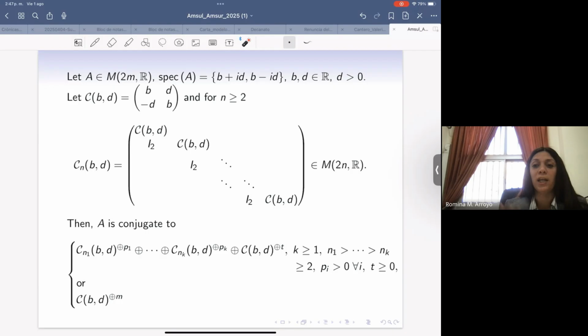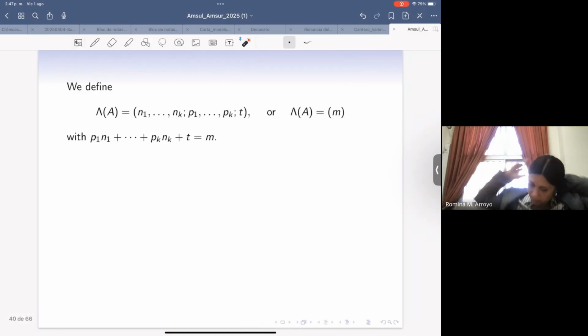and this canonical form of matrices, which are real. Then A is going to be conjugate to a matrix like this or a matrix like this. Again, we can define lambdas here. But in general, we can have matrices with real and complex eigenvalues.